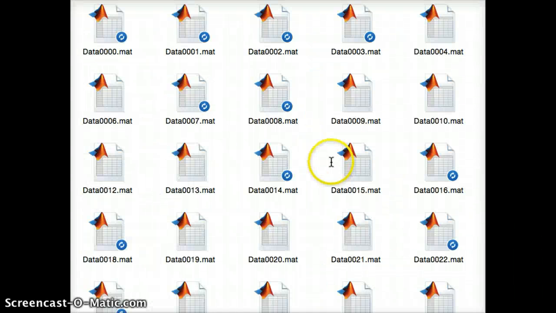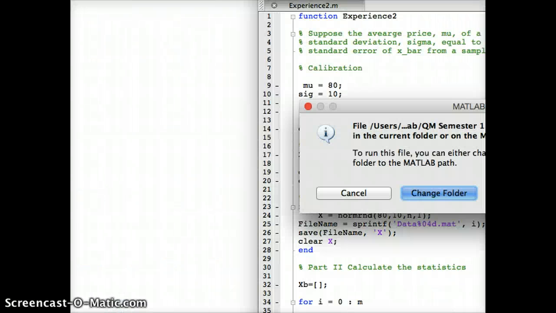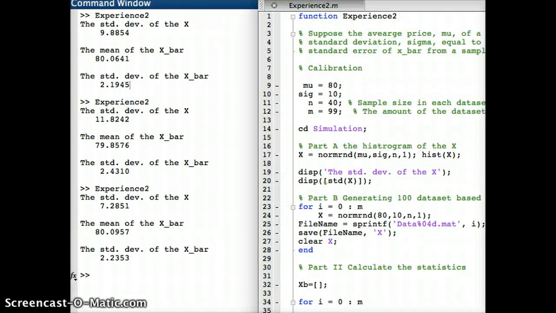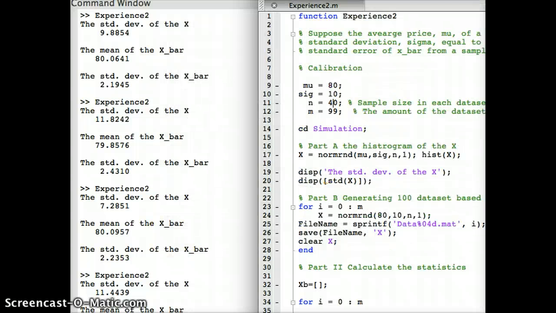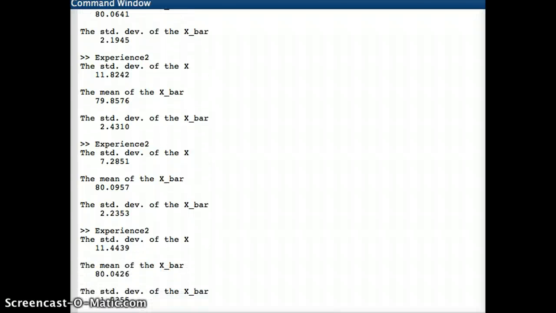Before we do it, we delete all of them. Okay, this time the standard deviation is 1.53.